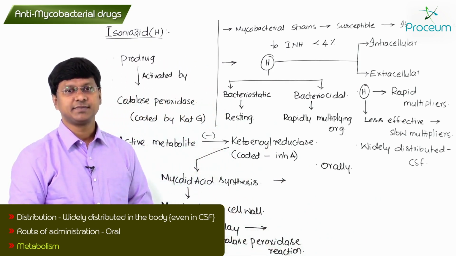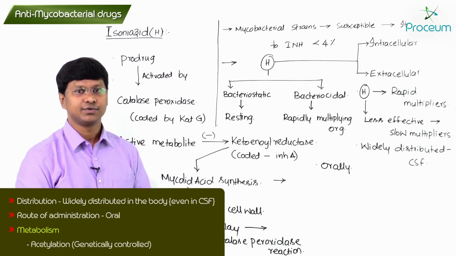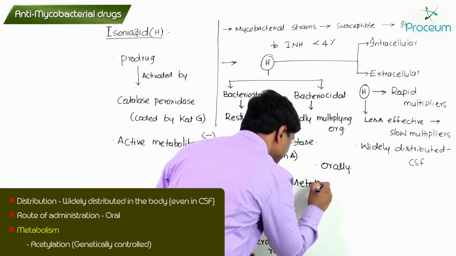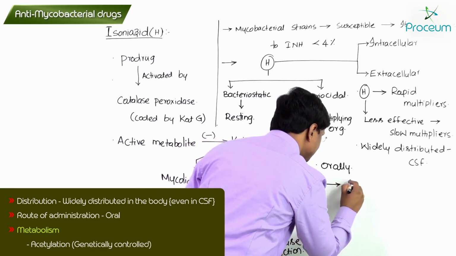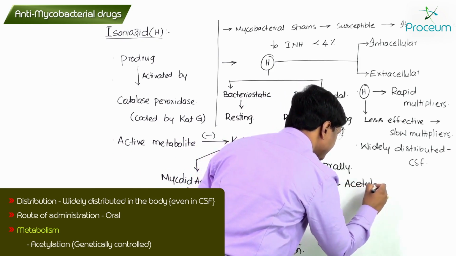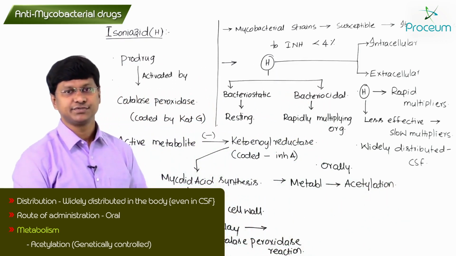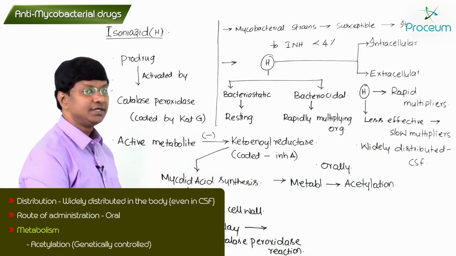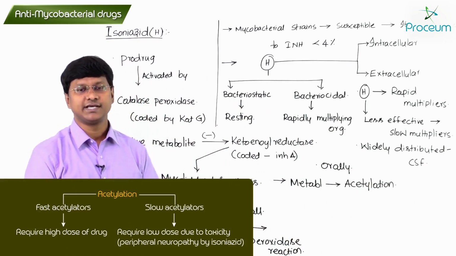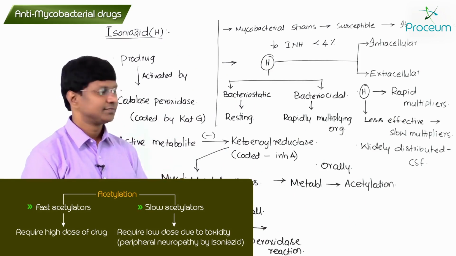Remember, this is metabolized by acetylation, which is genetically controlled. Now you see, we have fast acetylators and slow acetylators.